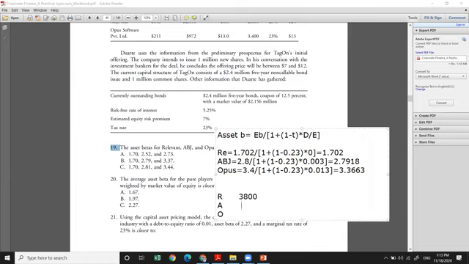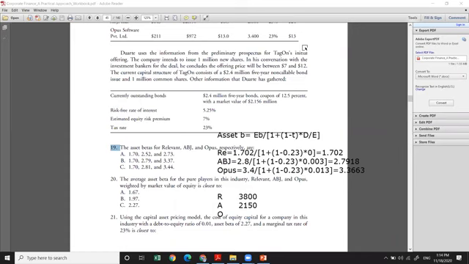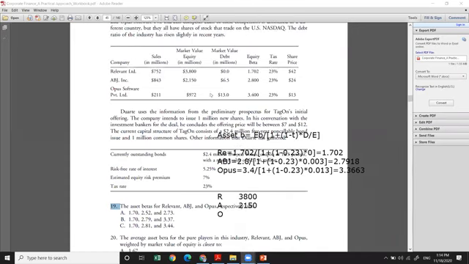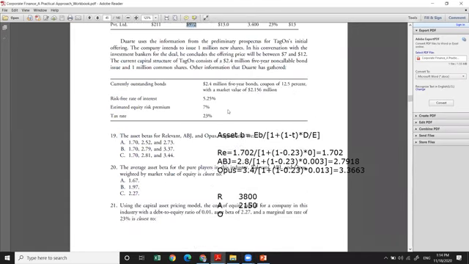For ABG it is 2,150. And for Opus, it should be, I forgot, 972.